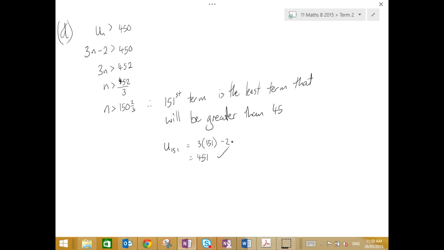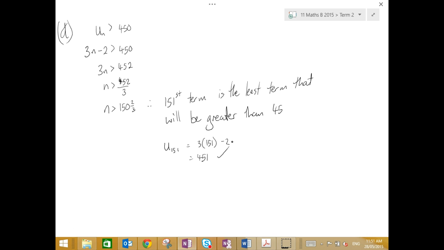It's asking for the least term that's greater than 450. So what's the smallest number in the sequence that's still bigger than 450? All the terms greater than 150 and 2/3 are going to be bigger than 450. All of them. So like the 1,000th term, the 1,000,000th term, they're all going to be bigger than 450.